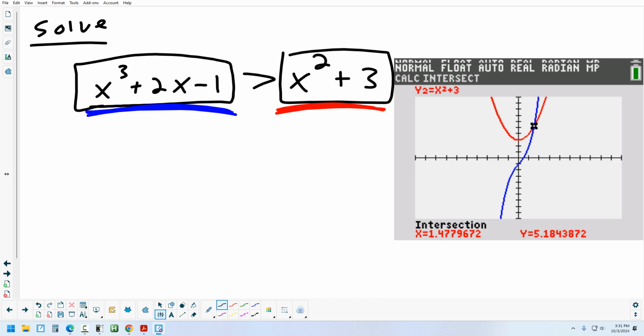So what values for x could you pick to ensure the blue graph always stays above the red graph? 1.45. What is it? 1 point what? 4 or 5. Yeah, anything that's that number. Well, you said that number or higher. Can we include that number?